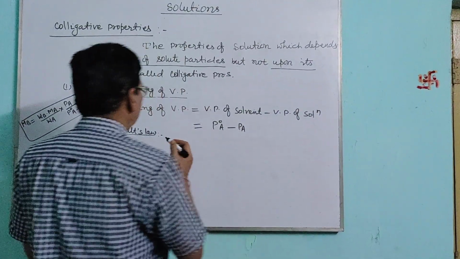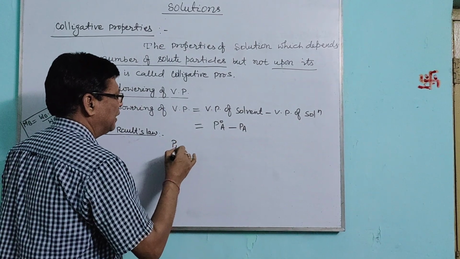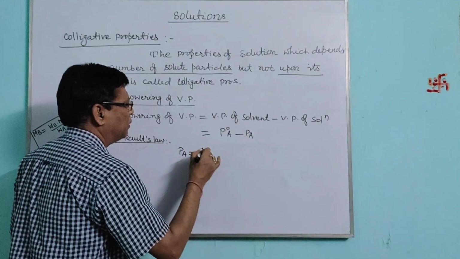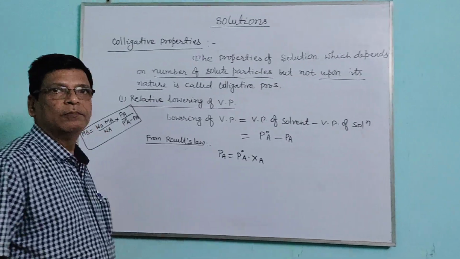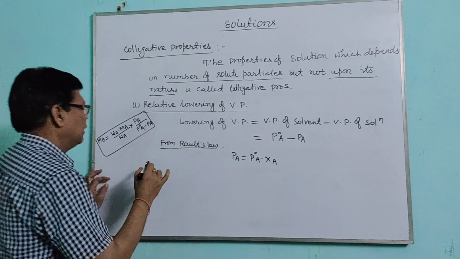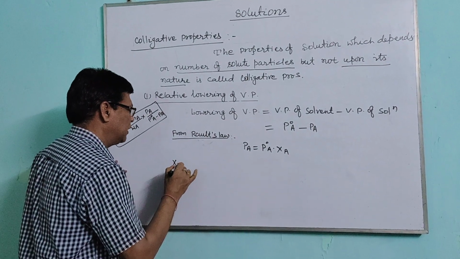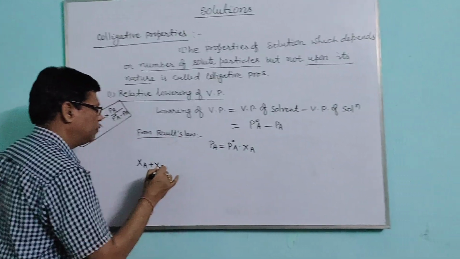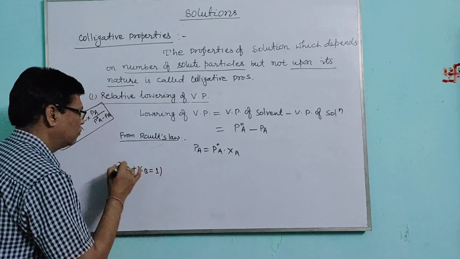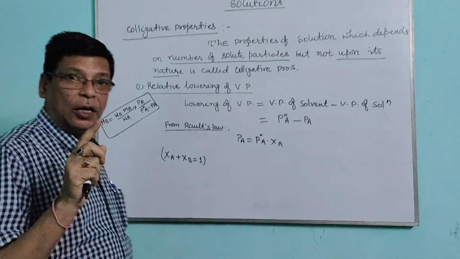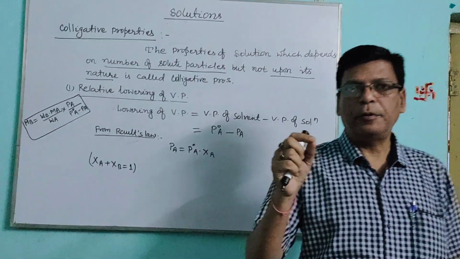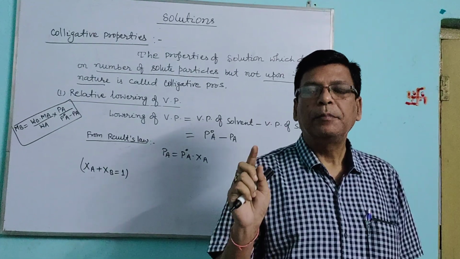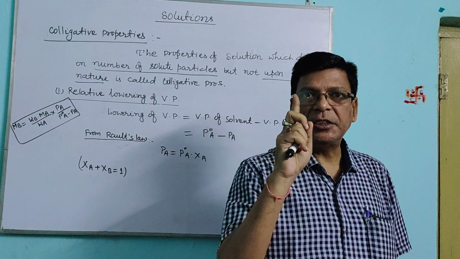Now from Raoult's law, PA is equal to P naught A into chi A. Again, for a solution, chi A plus chi B is equal to 1. Why? Because the sum of mole fractions of all the components present in a solution is 1.